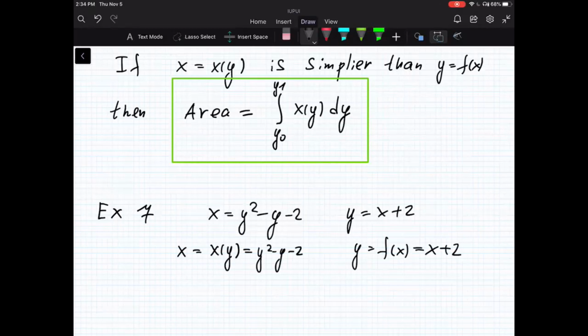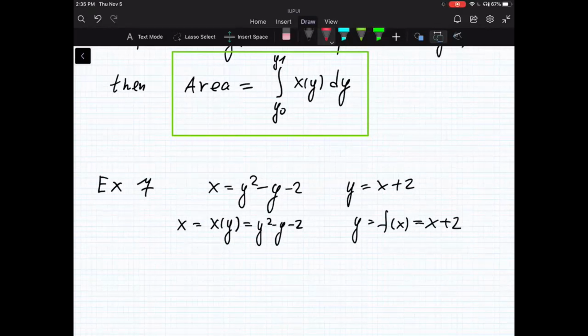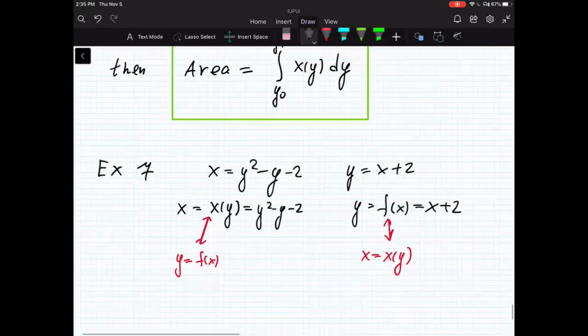But we see that the transformation of this equation to x as a function of y is much easier than the transformation of the other equation to the form y as a function of x. Because again, here I would need to solve a quadratic equation and try to express y in terms of x, while here it's just one line.